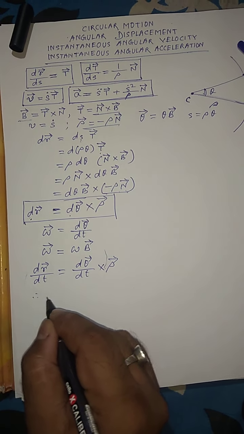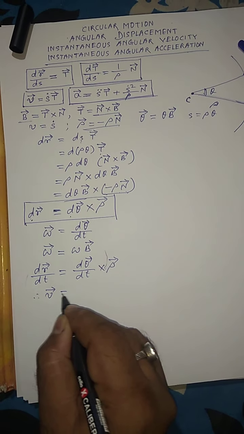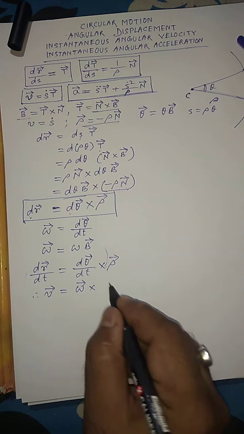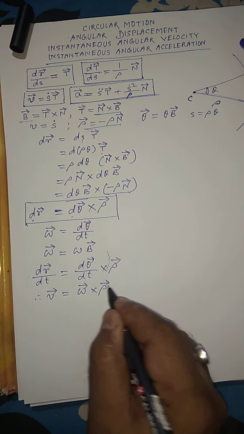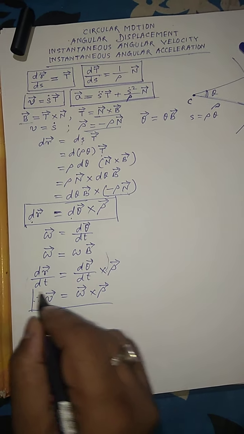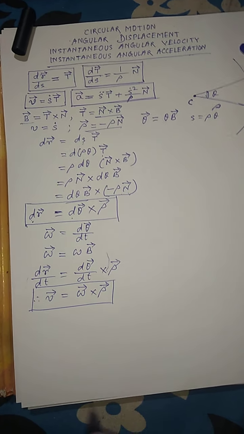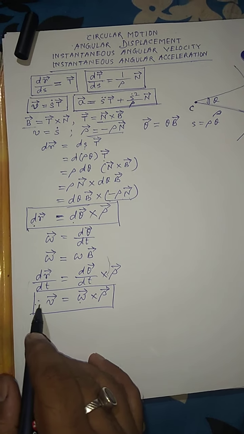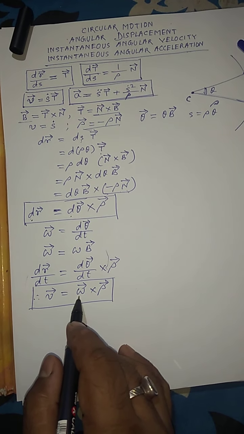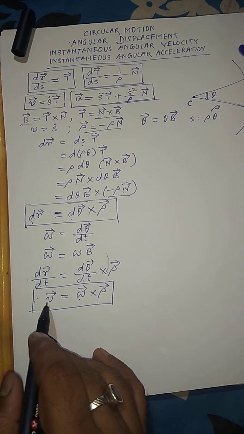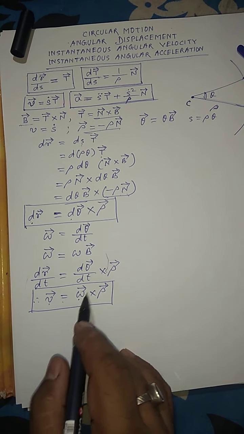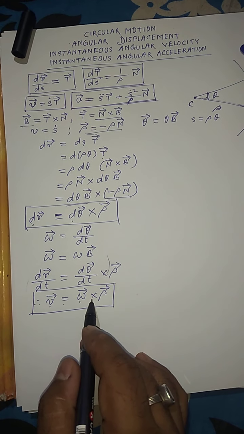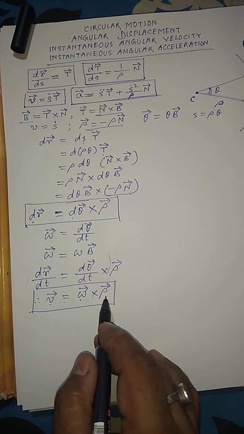Here we write vector v is equal to vector omega cross vector rho, and this is the relationship between the instantaneous linear velocity and the instantaneous angular velocity. And the instantaneous linear velocity is equal to the instantaneous angular velocity cross the radius vector.